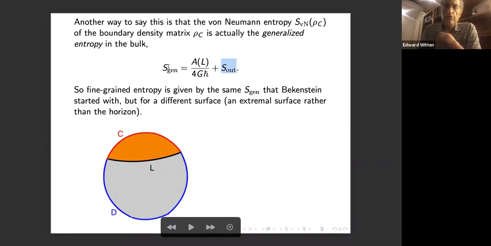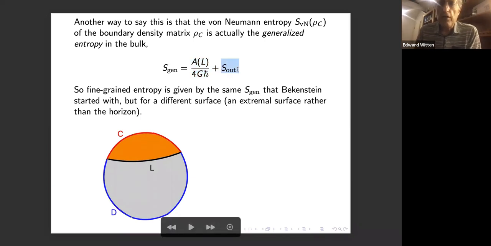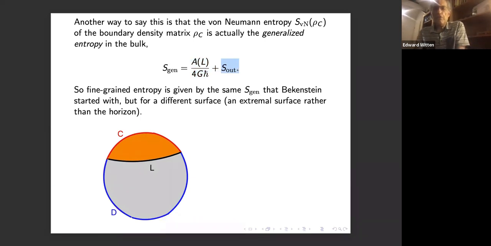But the bottom line is that what Ryu and Takayanagi told us is that if you want fine-grained entropy rather than thermodynamic entropy, then instead of an arbitrary cut of the horizon, you should take an extremal surface in space-time and otherwise use Bekenstein's definition as refined by Sorkin and others, who learned that S out is the von Neumann entropy.